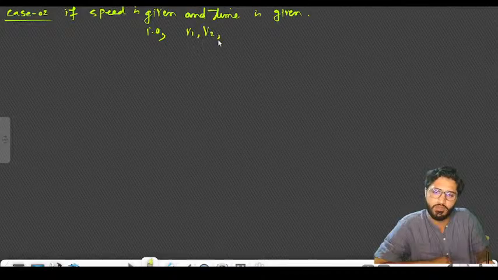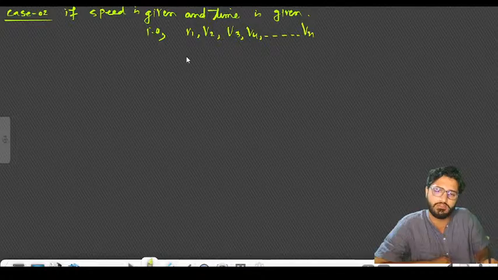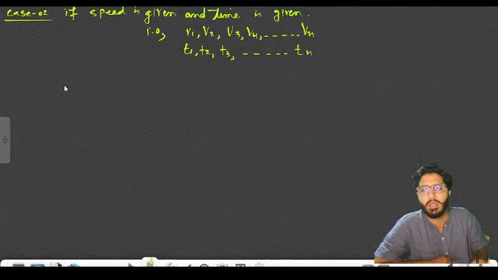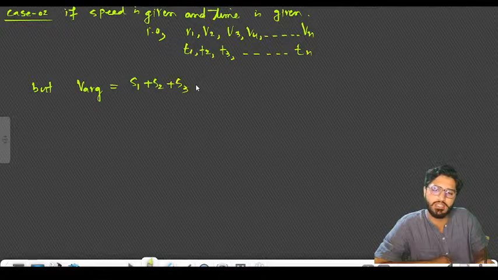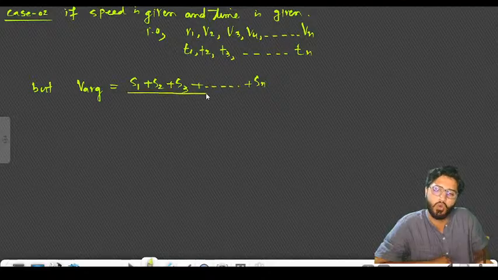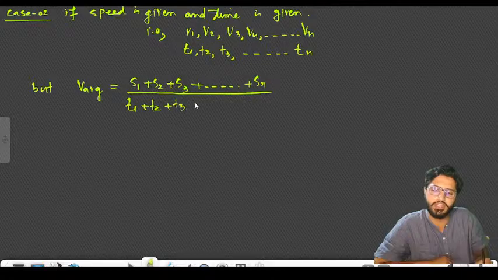V1, V2, V3, V4 and so on up to Vn are given, and T1, T2, T3 up to Tn are given. But the equation that we derived just now was V average equals S1 plus S2 plus S3 up to Sn, whole divided by T1 plus T2 plus T3 up to Tn.